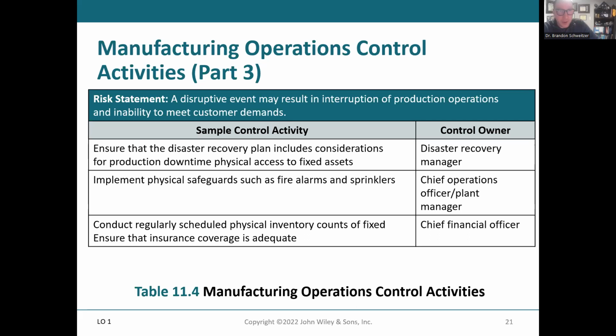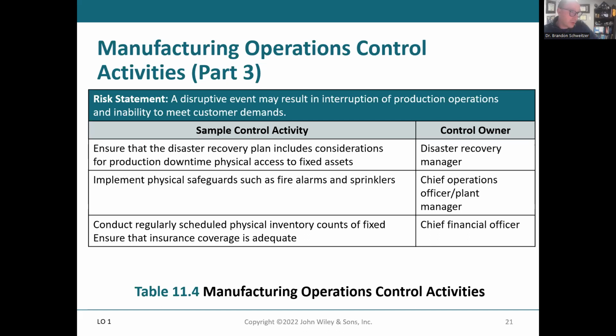So we want to make sure that we have a disaster recovery plan. We want to implement physical safeguards against things like fire or anything else that could possibly happen. And then we have regularly scheduled physical inventory counts. So all of these will help to safeguard things.